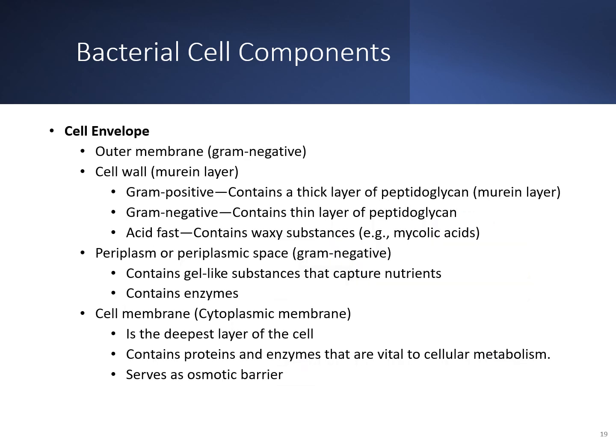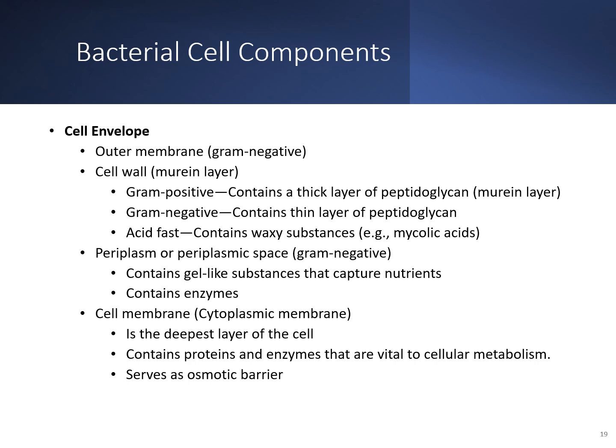When we look at the outside of the cell, or the cell envelope, we're looking at an outer membrane for the gram-negative, and then you have a cell wall. The gram-positive has a very thick peptidoglycan layer, whereas the gram-negative has a thinner layer, as well as that outer membrane.